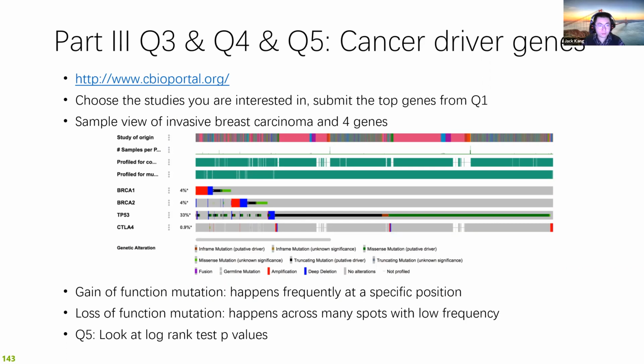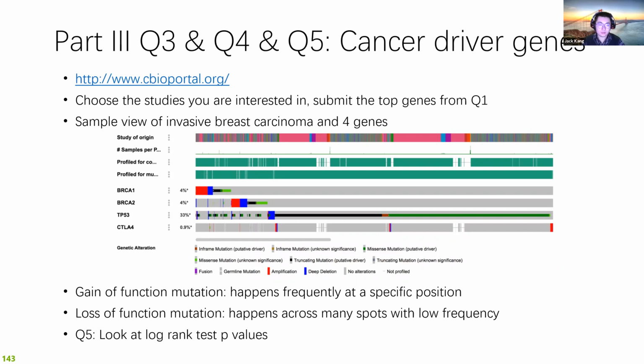For question 3, you are asked to identify cancer driver genes in glioblastoma. So you will go to this website, and you will subset to studies that are related to glioblastoma.